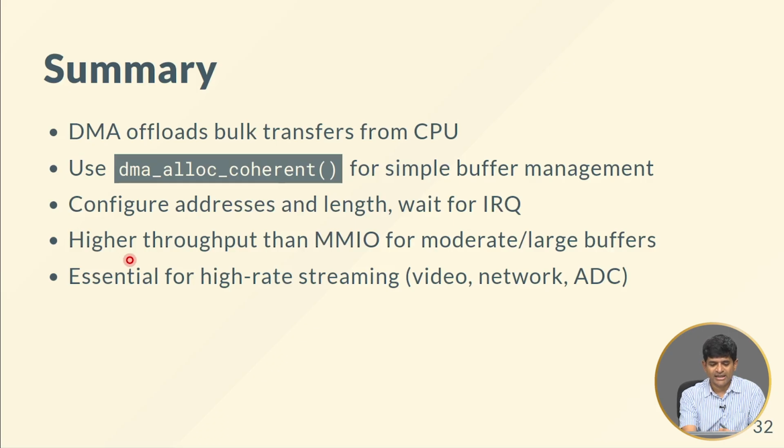As we saw from the examples, typically you get higher throughput than MMIO, especially for moderate or large buffers, right. And for applications like video, network, high-speed A to D conversion and so on, it is essential. It is not really optional because this is the only way that you can get close to maximizing the bandwidth that the bus is capable of.